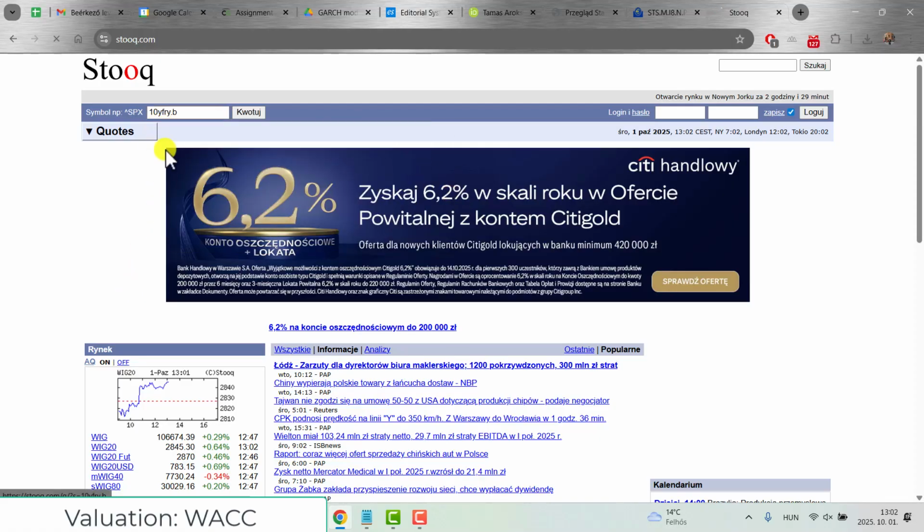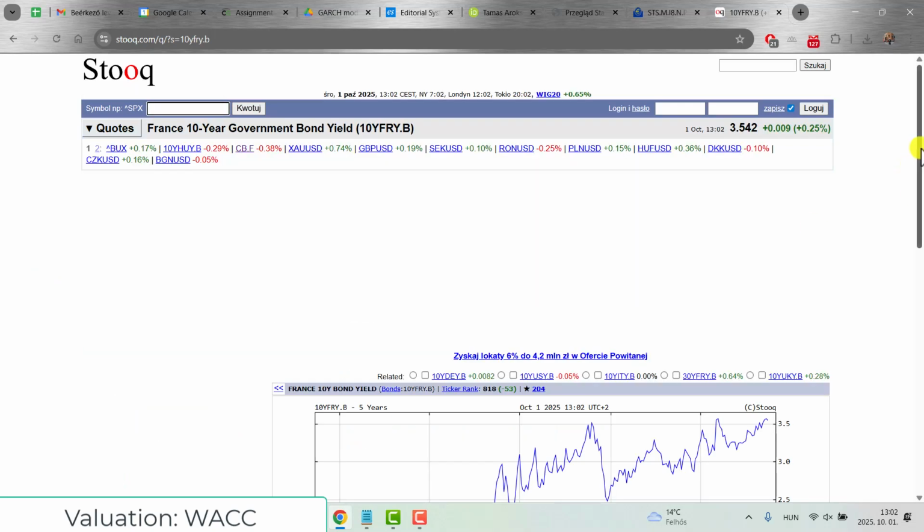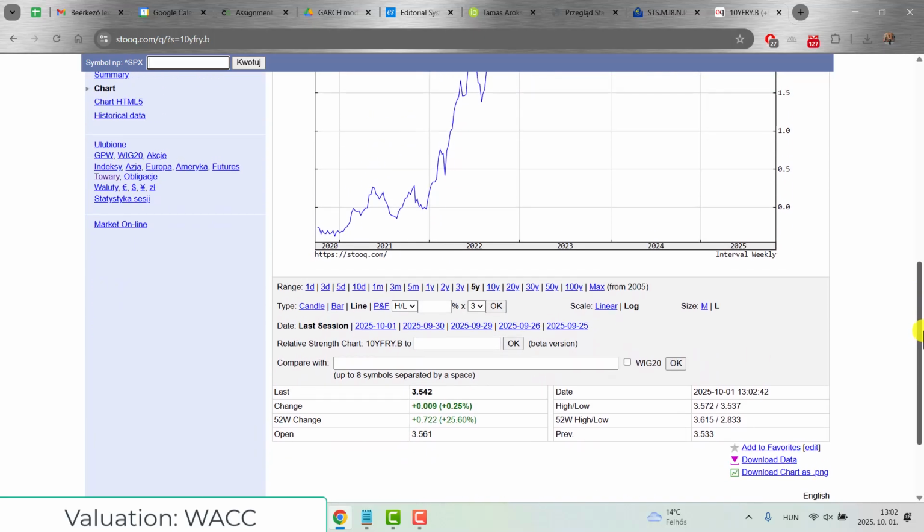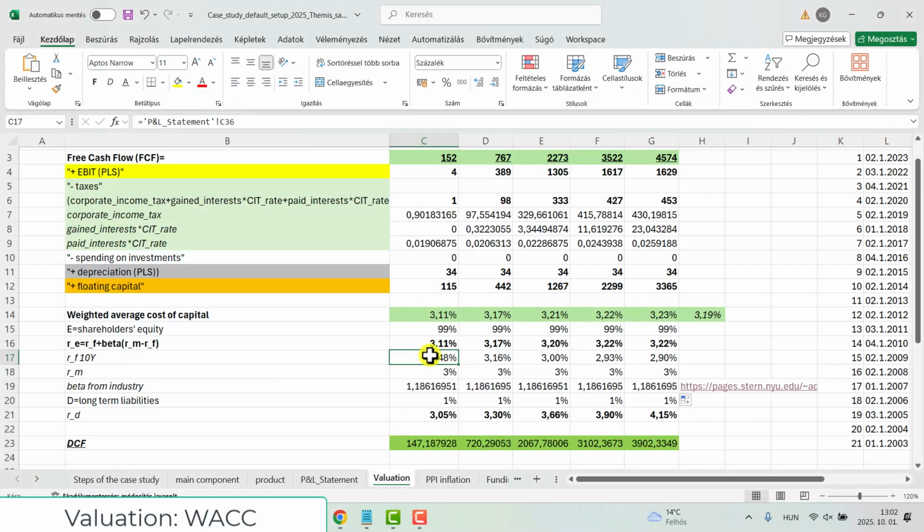Yeah, so the French government bond yield nowadays, the last known data is 3.5. So we can say that, oh, it's increasing.